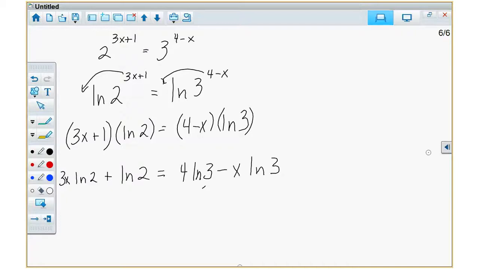what is always the rule about your variable? You always want to get the variable on one side. Now, I don't want to make my variable negative, so I'm going to bring this negative variable over here.